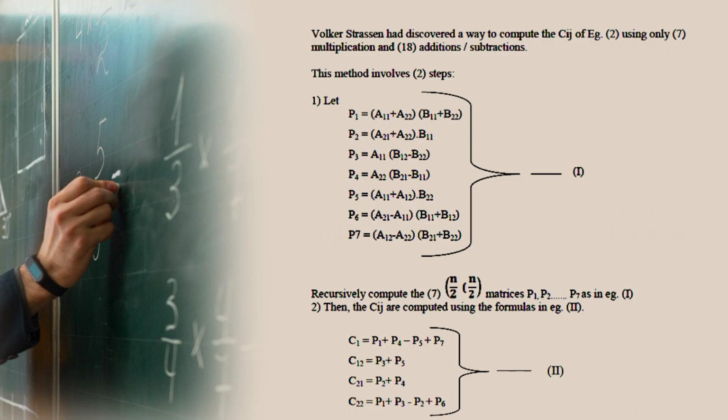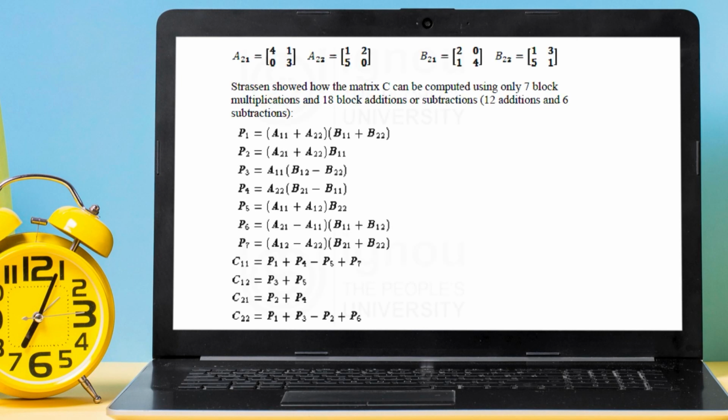What happens here is that the addition operations increase, but the multiplication operations become fewer. That is why we are able to obtain a complexity of n raised to the power 2.81. You can check the example yourself. Again, they are arranging the elements into P1 to P7, and it requires less effort.